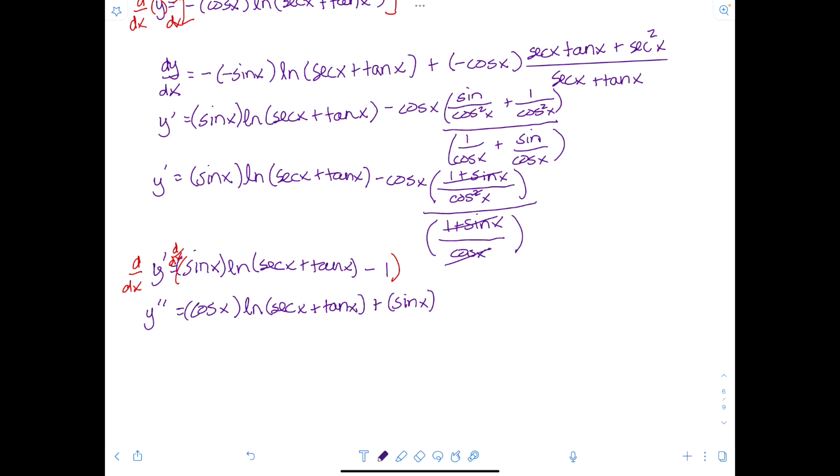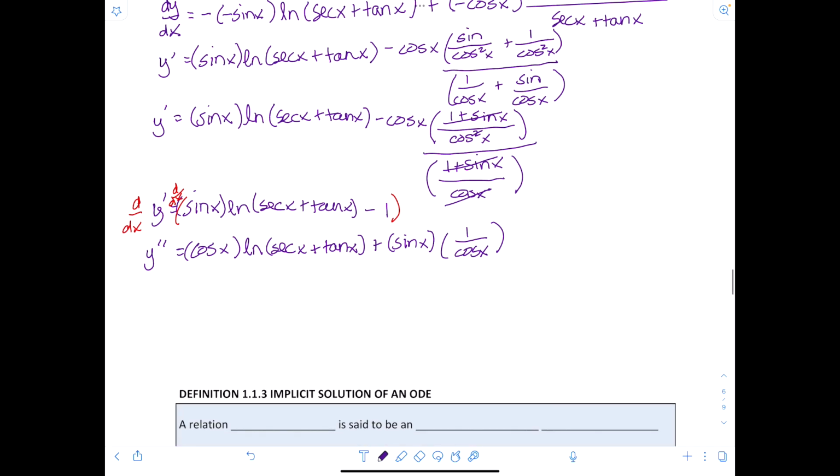So remember, we already did the derivative of natural log of secant x plus tangent x. And we simplified that to be what? Beautiful. 1 over cosine x. That was before we brought the cosine x in to divide it out to be 1.